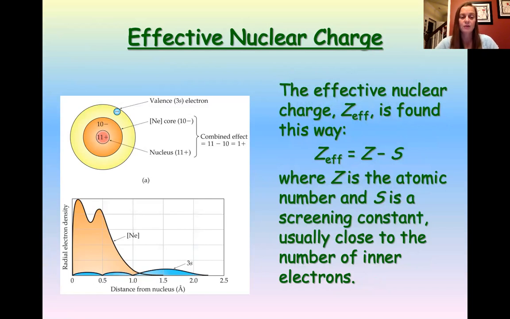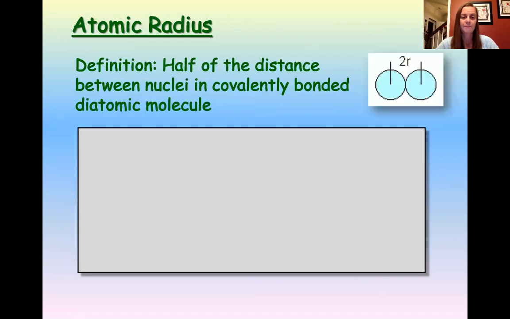So as we move across a period, the amount of shielding or screening does not change, but the atomic number does. And so as we move across a period, effective nuclear charge increases. We use this term shielding to talk about the repulsion effect of those inner or core electrons.